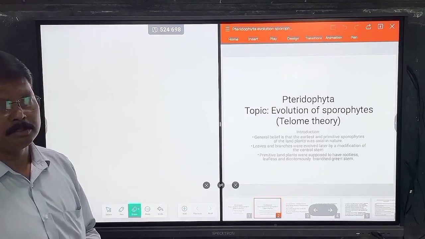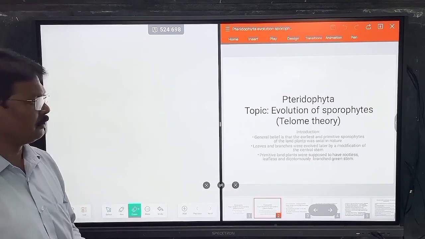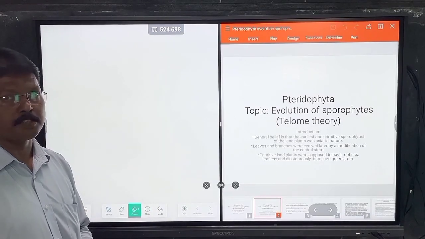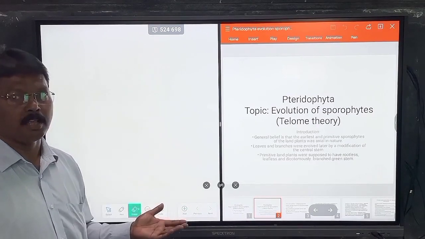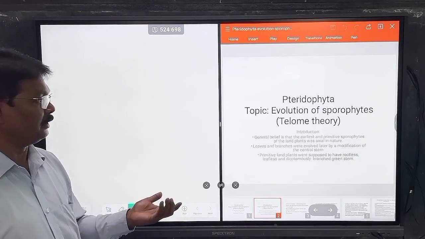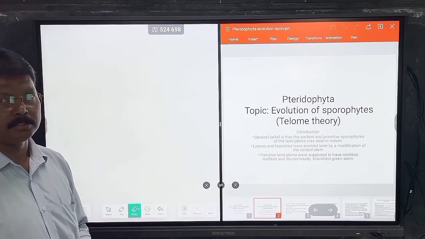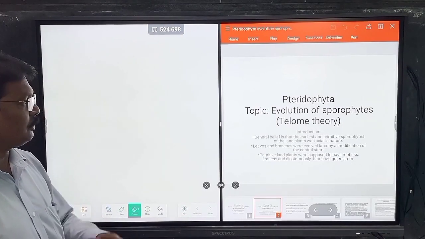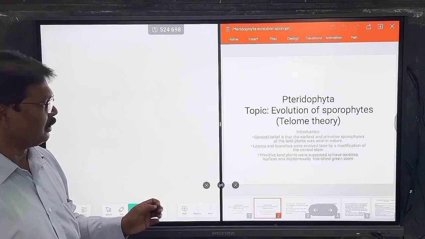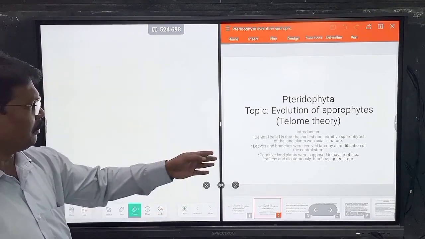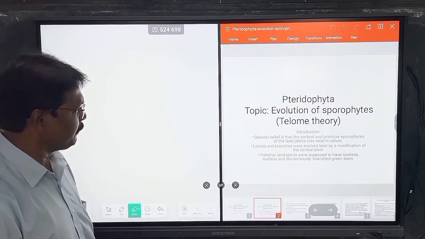And how the modern sporophytes, including pteridophytic sporophytes, developed from rootless, then leafless, dichotomous branch, was described by Zimmerman with the help of his Telome theory.